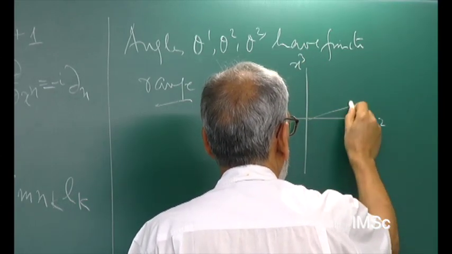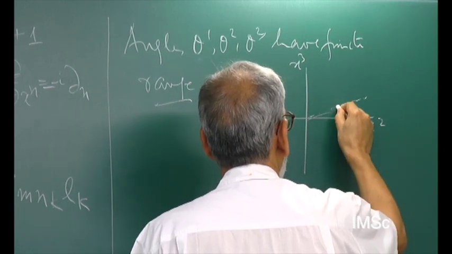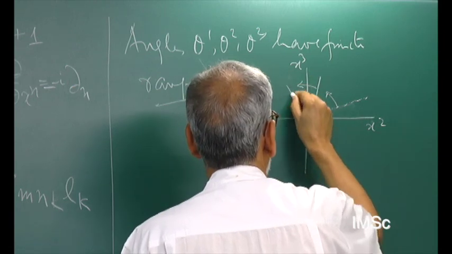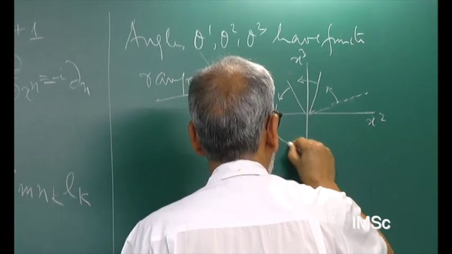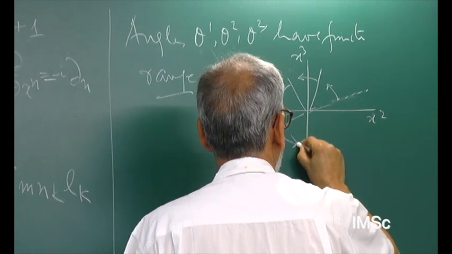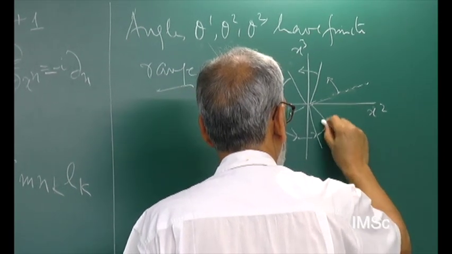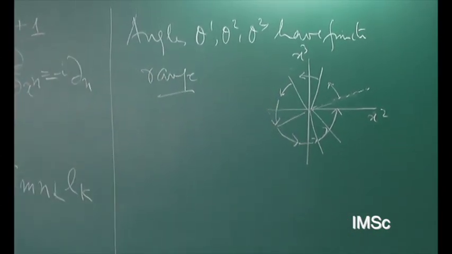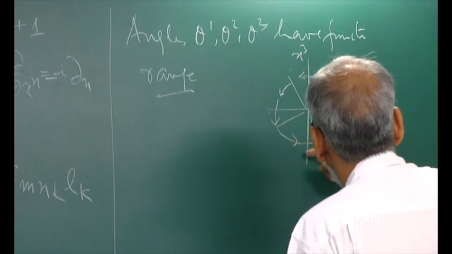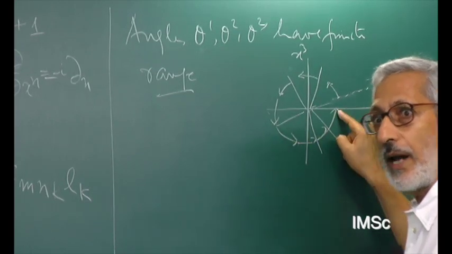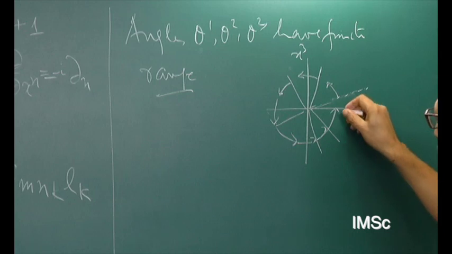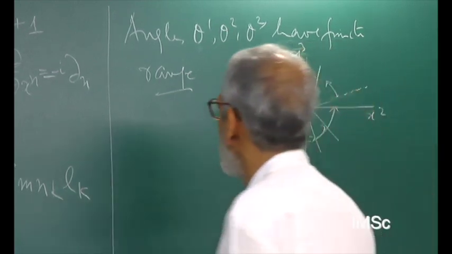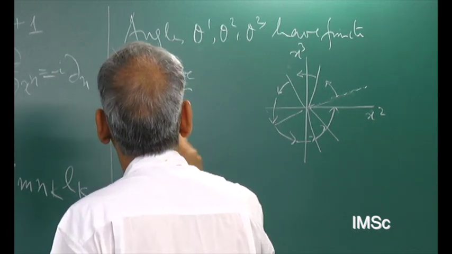If I take a vector here and make a rotation by some small amount, follow it by another rotation, and another, and another, finally I can reach back to the position that I started from. So by successive rotations, when the total angle of rotation becomes 2 pi, I get back to my original position. So that is the finite range. Each of the theta i's ranges from 0 to 2 pi.